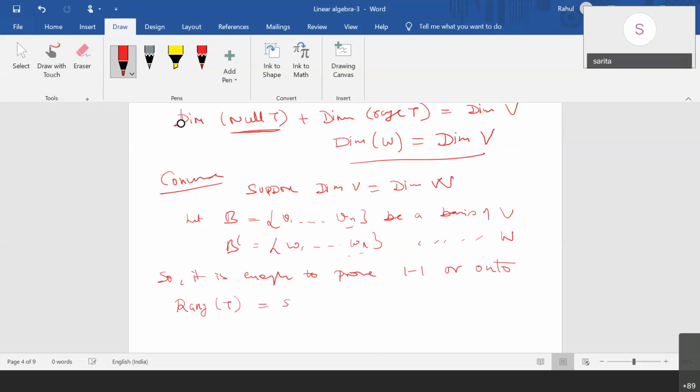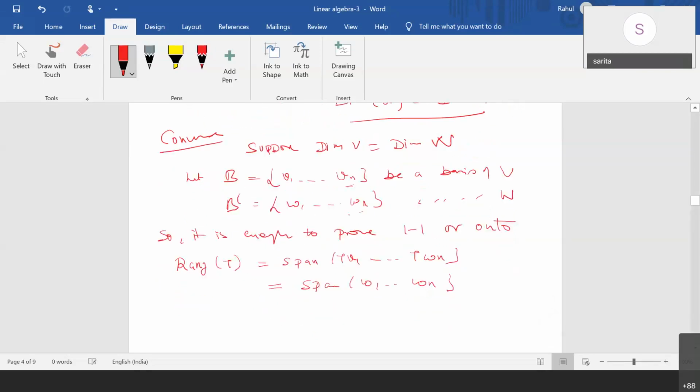It is actually the span of TV1 to TVn. It is equal to the span of W1 to WN, right? Now because these W1, W2 are bases, this span actually becomes the whole of W.